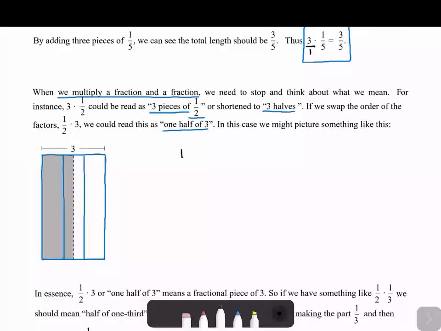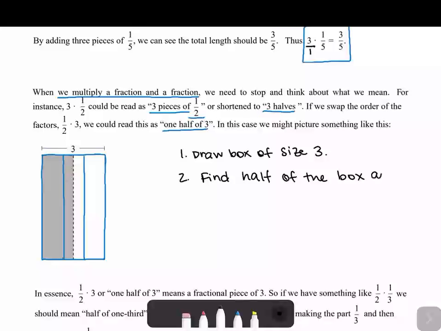The first thing is to draw a box of size 3. The second thing to do is find half of the box and shade it. That's already been done on this picture. We have this dotted line that helps us to determine what half of the box looks like, so we find half of the box and then we shade that.